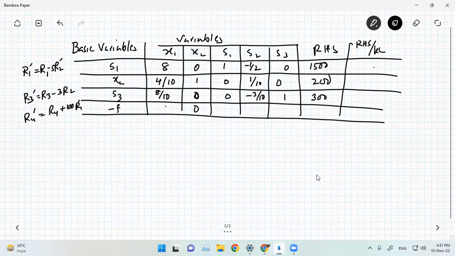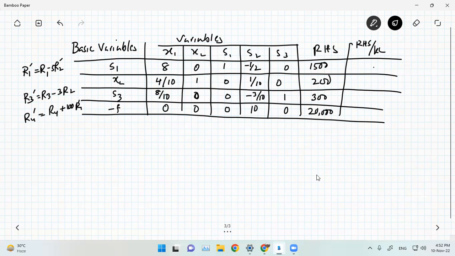Okay, so previously, if you check the x1 value, this one 0, this one 0. Then this is also 0, and this will be 10, 0, and 20,000.